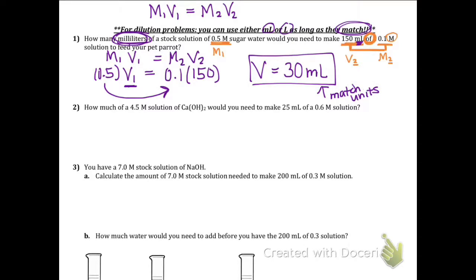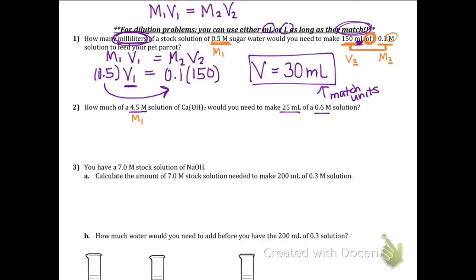The next question asks, how much of a 4.5 molar solution of calcium hydroxide would you need to make 25 mils of a 0.6 molar solution? Okay. So we have several numbers here. We have a number here, here, and here. Okay, so let's identify them. Here is my molarity, so I'm going to label this M1.